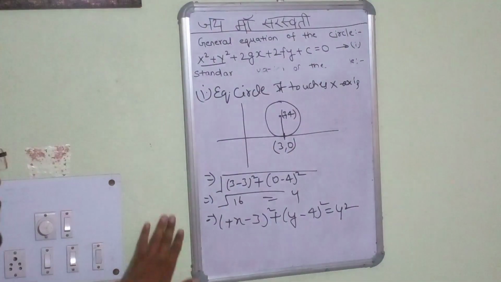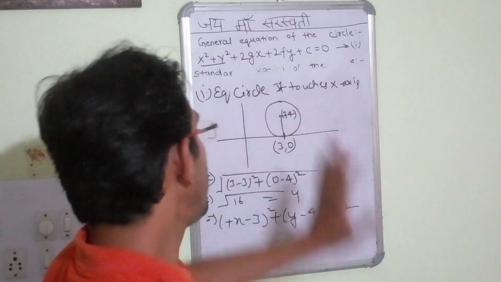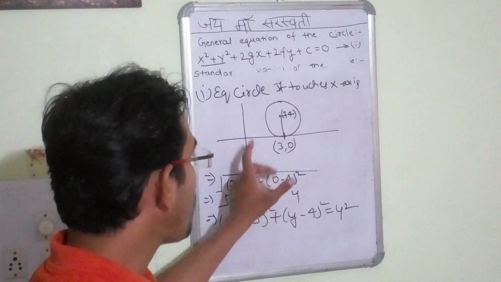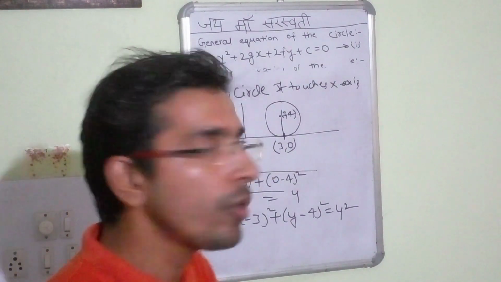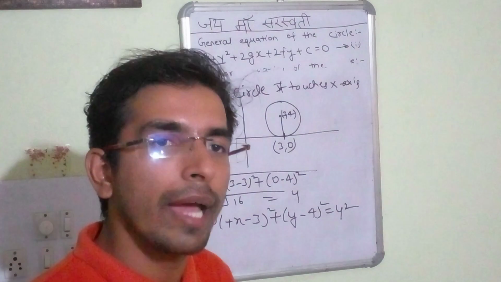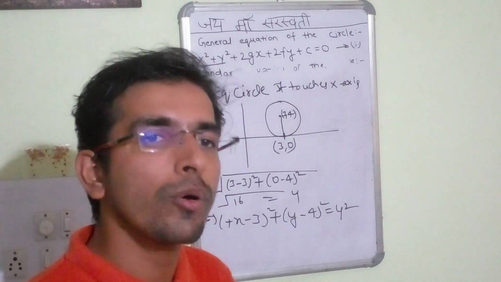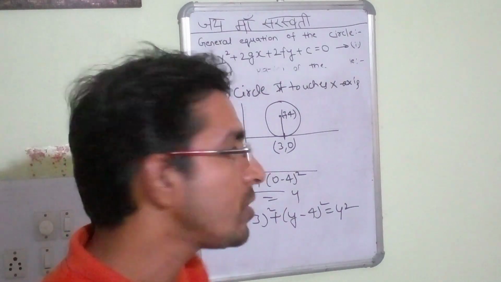This is the equation of the circle having center 3, 4 and touching the x-axis. Whenever any circle touches the x-axis, the y coordinate will automatically be 0. That is the underlying concept here.